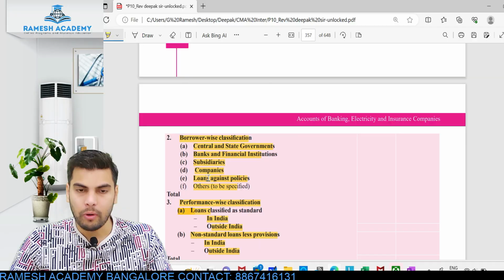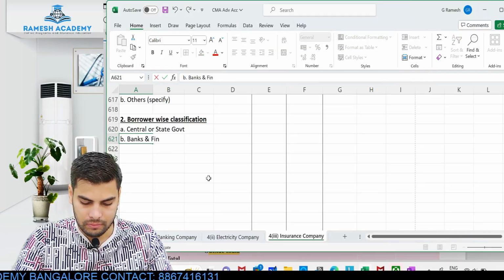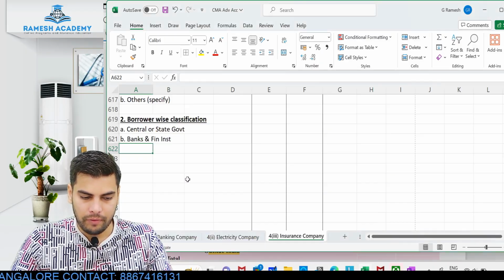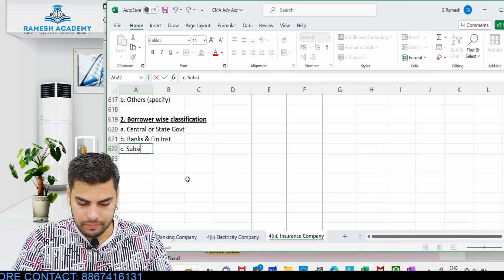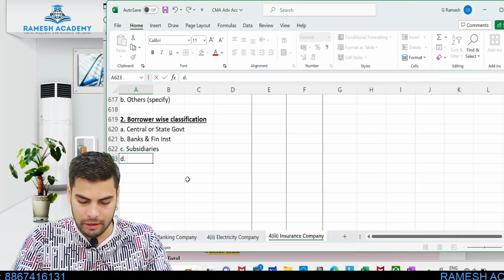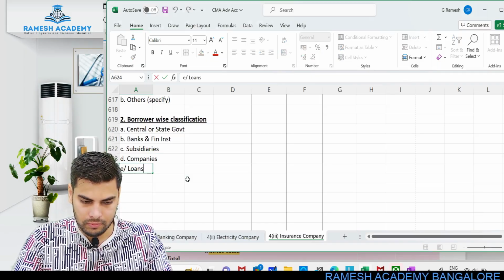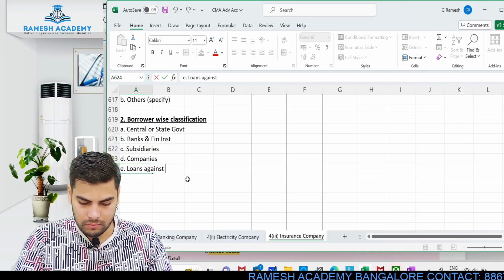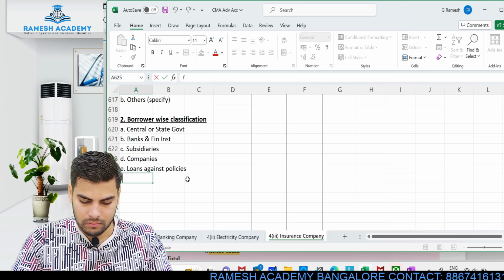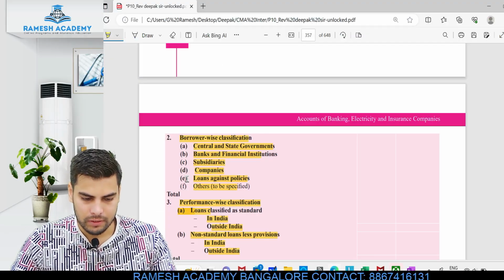Same way, any amount which we have borrowed from banks and financial institutions. Any amount whatever we have borrowed from the subsidiary companies, other companies which are in a similar line of business. Loan against policies and others. Wherever it is others, you will have to just specify the nature of the same.